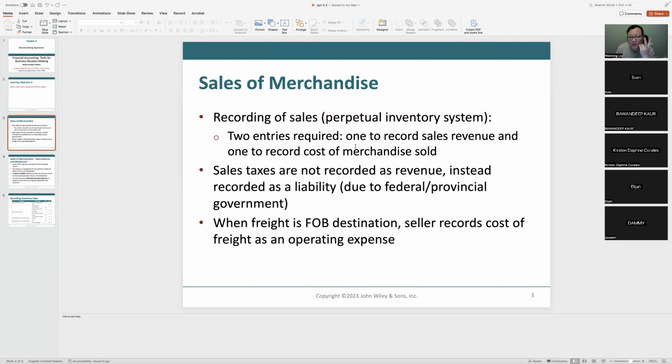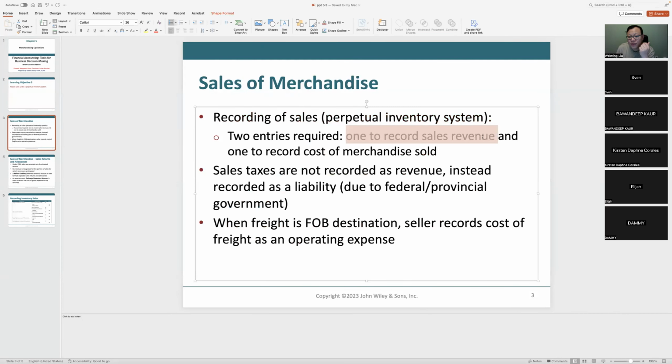You have 2 entries. One to record sales revenue, the other one to record cost of goods sold, right? Remember that egg example, $1.5 sales and $1 cost.